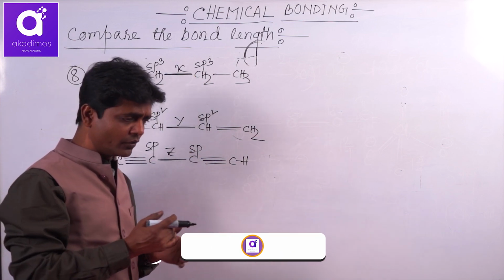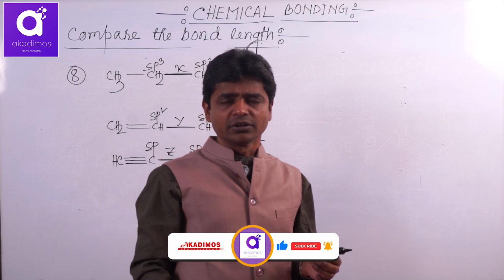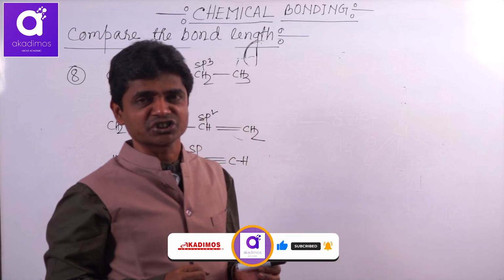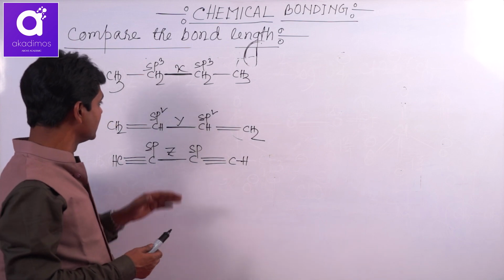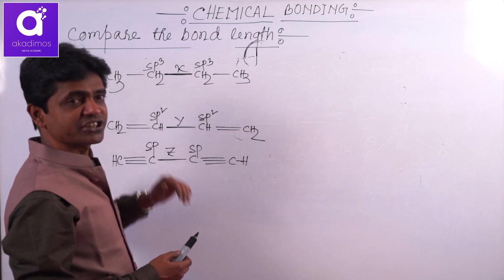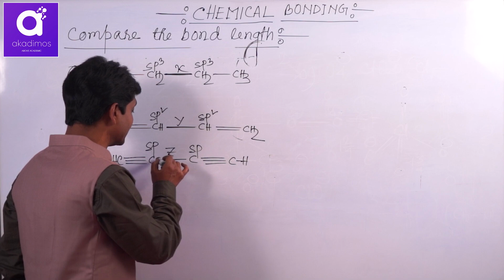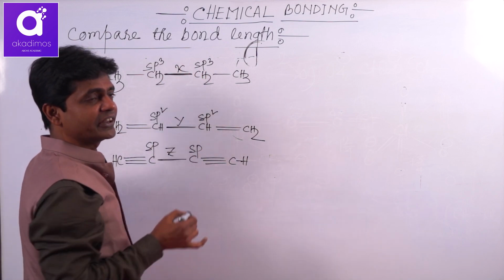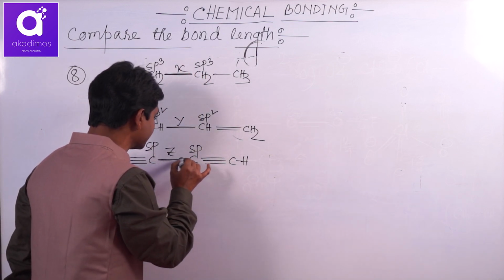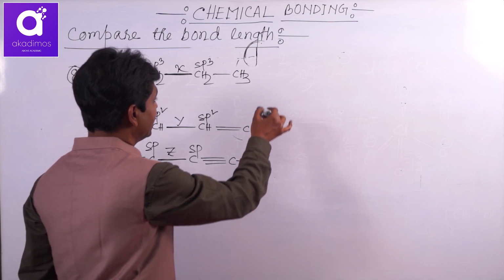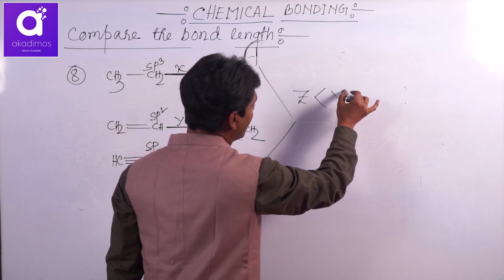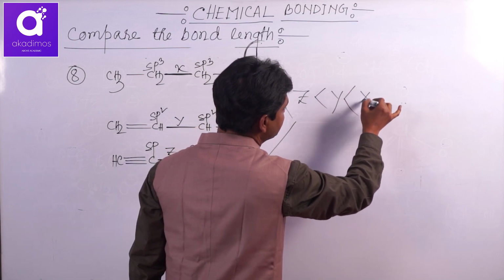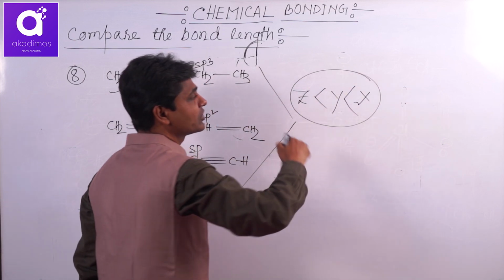Another concept, which I have discussed in the fundamental concept of hybridization: the major lobe size is maximum in sp and minimum in sp3. The overlap integral is maximum here and minimum here. If the overlap integral increases, bond length reduces. Then bond length Z is minimum, then Y, and X is maximum. This is the increasing order of bond length.